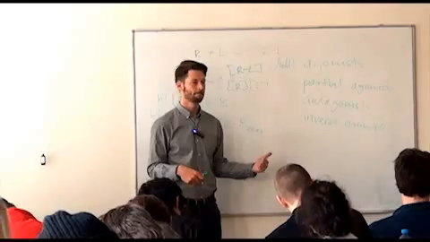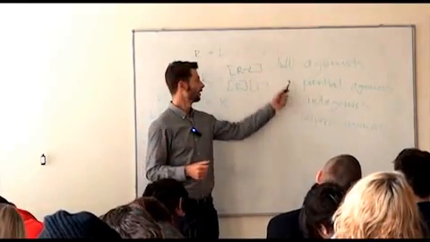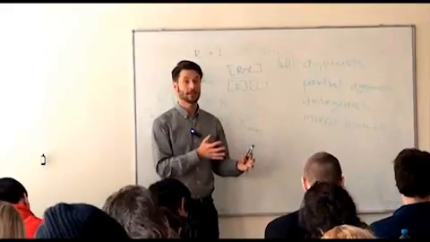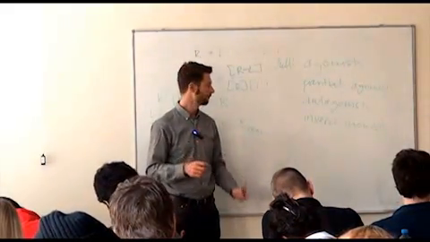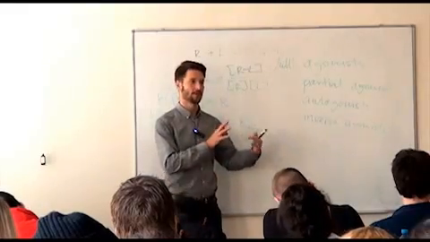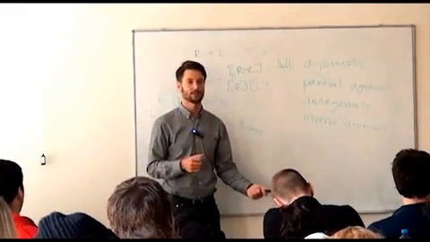So we have full agonists, they fully activate the receptor. We have partial agonists, they partly activate the receptor. We have antagonists, they just sit there and don't do anything, usually inhibit the binding of the agonist. And we have inverse agonists that cause the opposite effect of the agonist.